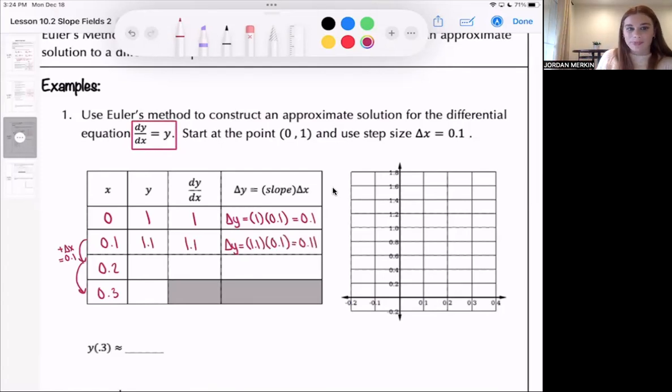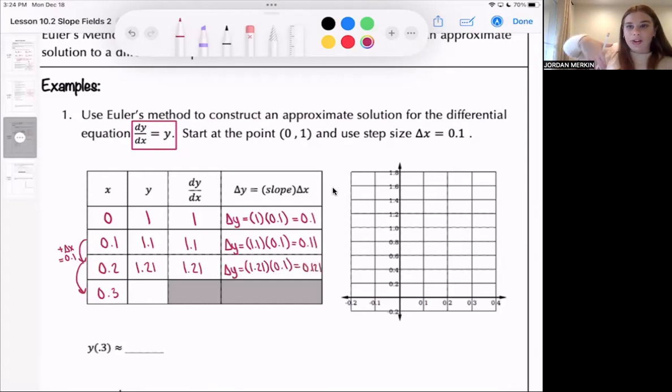And we're going to do it again. Now we're going to add 0.11 to 1.1, which is 1.21. Our dy/dx would be 1.21 because it just equals whatever y is. Delta y would then be 1.21 times 0.1, which equals 0.121.